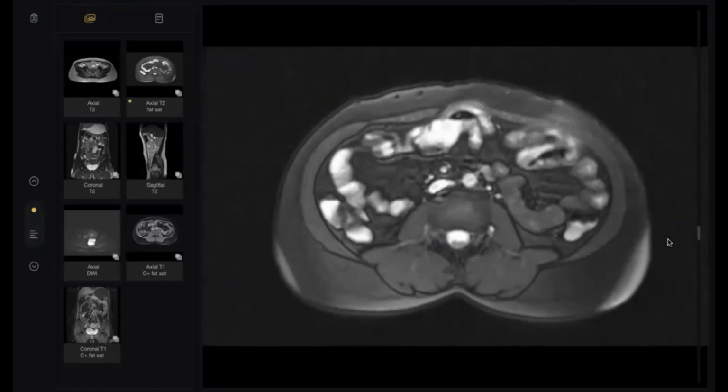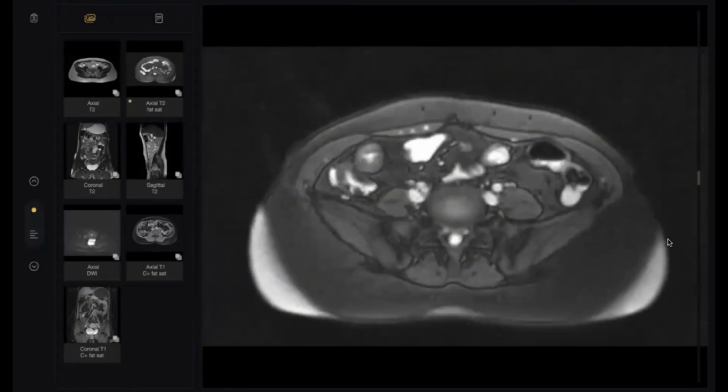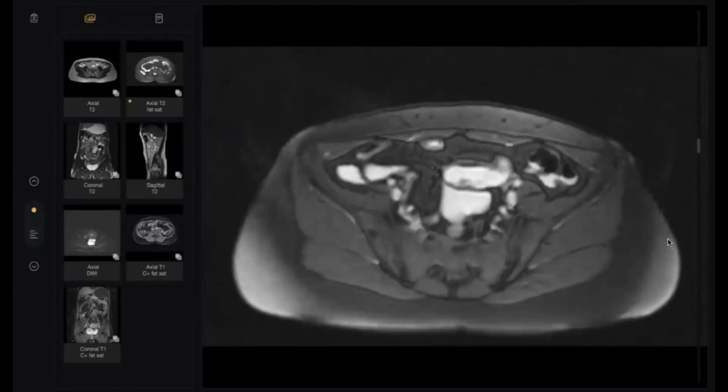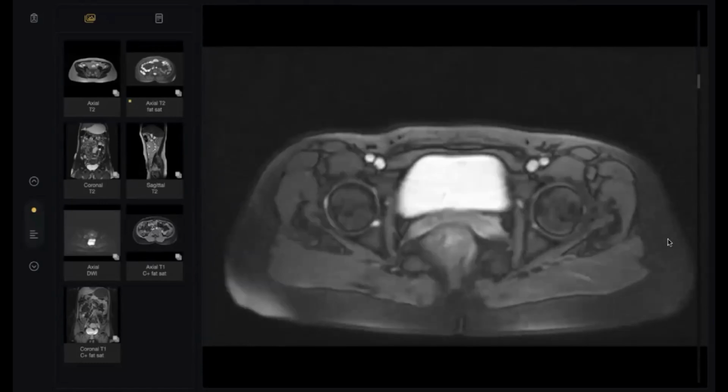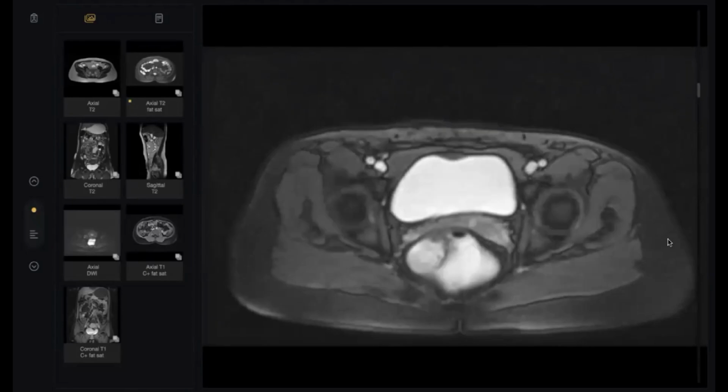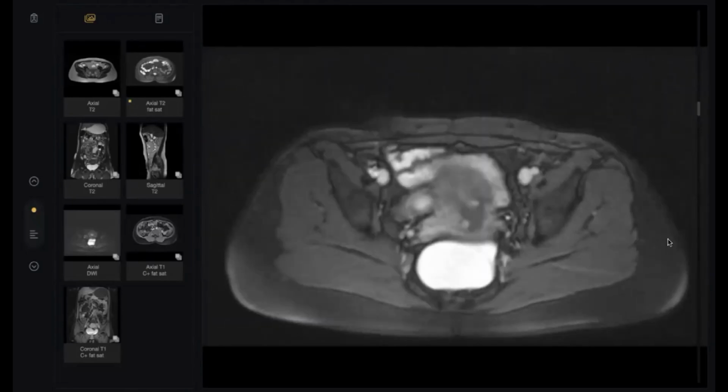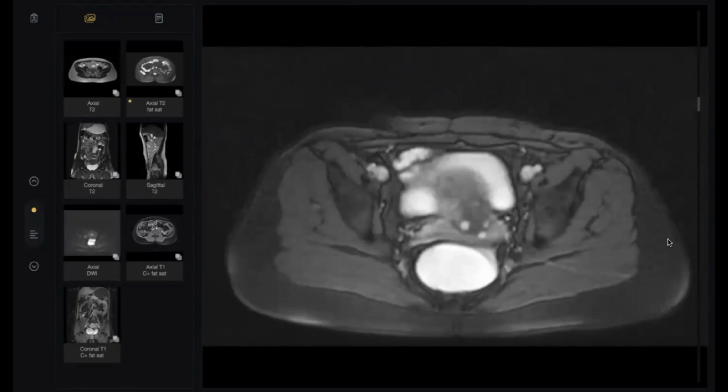These are the T1, T2 fat set sequences of the same patient in which there are altered signals seen adjacent to the uterus.